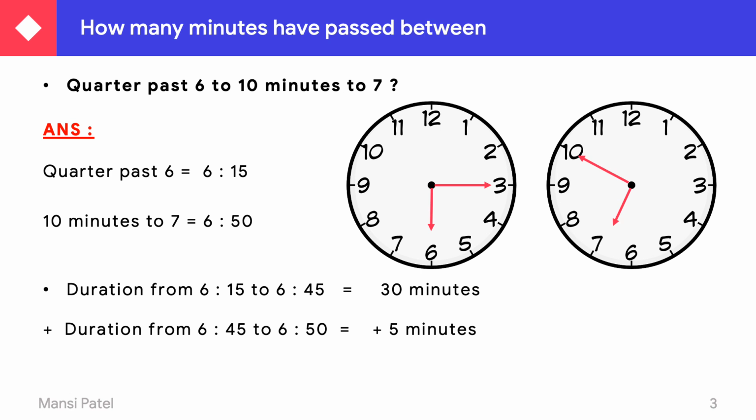Then from 6:45 to 6:50, 5 minutes are there. So 30 minutes plus 5 minutes is equal to 35 minutes. There are 35 minutes between quarter past 6 and 10 minutes to 7.